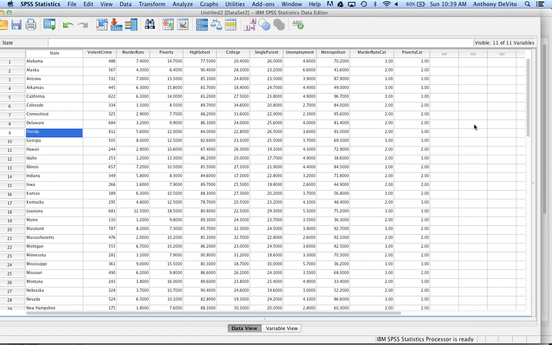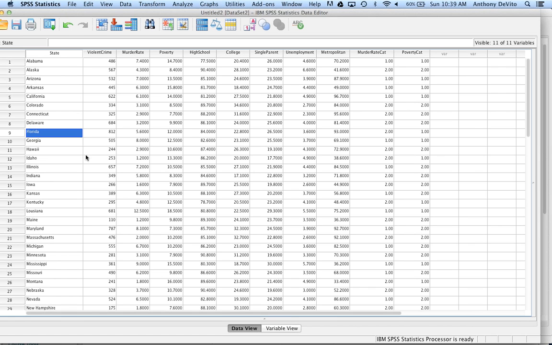Yeah, Sylvia, I wouldn't try and compare the unemployment and violent crimes, because violent crimes is the number. It looks to me like that's the number of violent crimes that occurred in that state in a month or something like that. It's not really a rate.